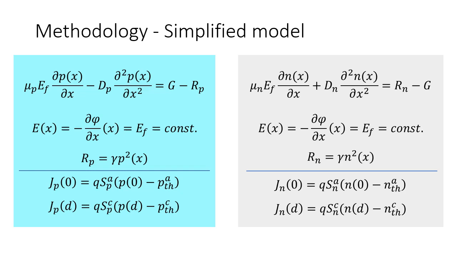Second, to enable separate analysis of the effect of electron and hole boundary conditions on the steady-state solution, the electron and hole continuity equations were decoupled by taking the hole bimolecular recombination rate to be Rp equals gamma times p squared, and analogically for electrons Rn equals gamma times n squared, where gamma is the Langevin recombination constant and n and p are electron and hole densities respectively. In this way, the system is reduced to two separate second-order nonlinear non-homogeneous differential equations, one for holes and the other for electrons.